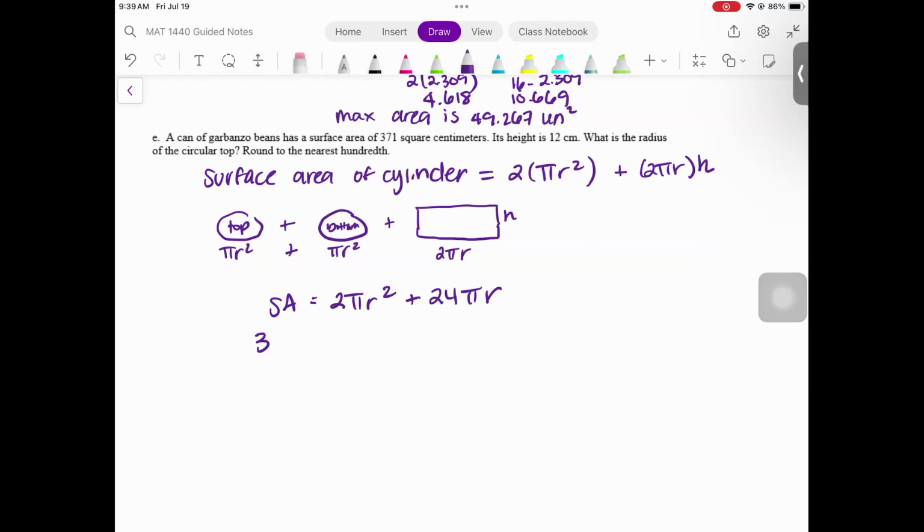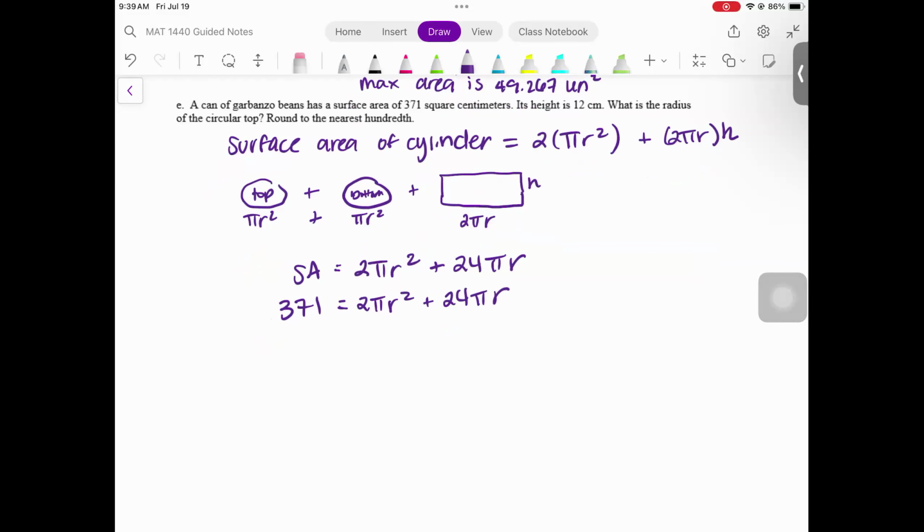We know that the surface area is fixed at 371. The easiest way to look at these equations is to set it equal to 0. Desmos can find our zeros very quickly, so we're going to subtract 371 from both sides.